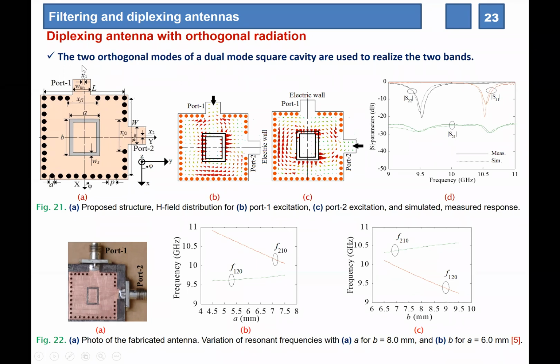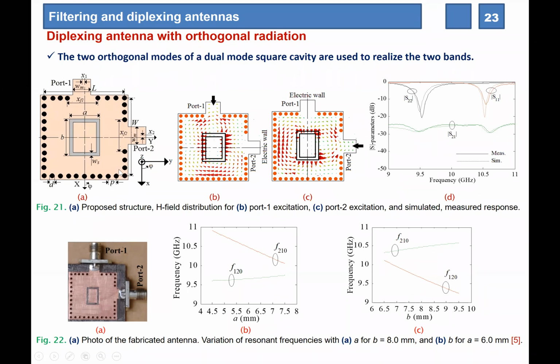Once you have a look from port 1, it will see A. When you look from port 2, you will see the B dimension in front of the port. So from port 1 and port 2, it is now an asymmetric structure. So TE102 and TE201 are now slightly different.